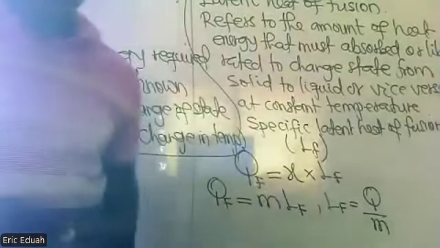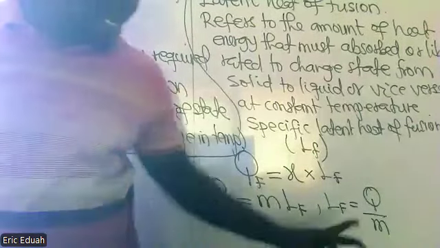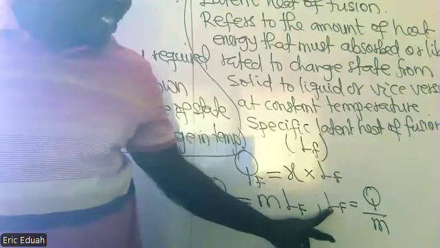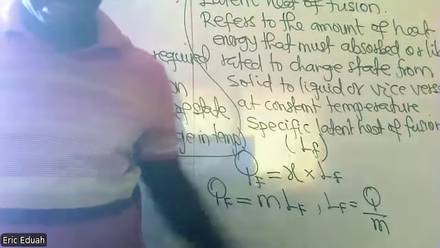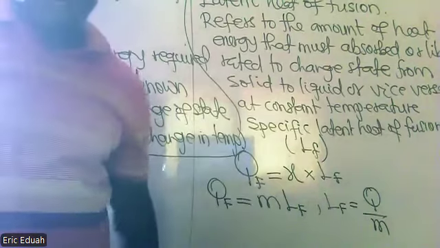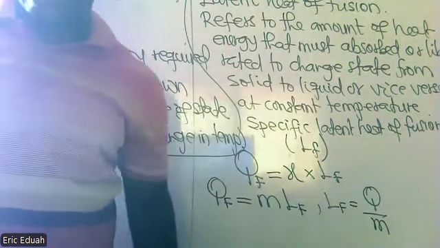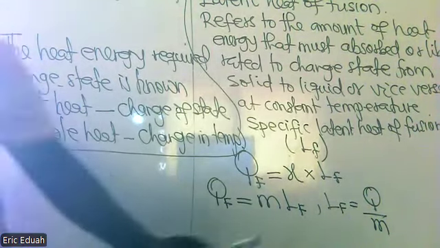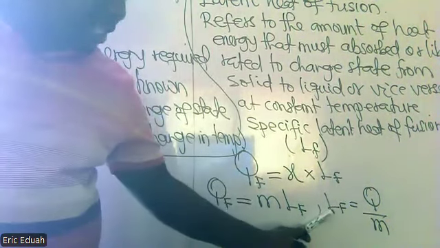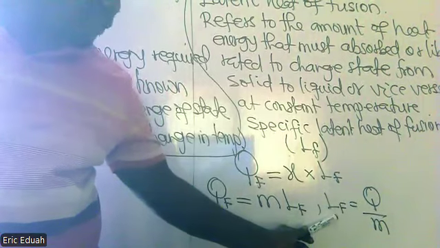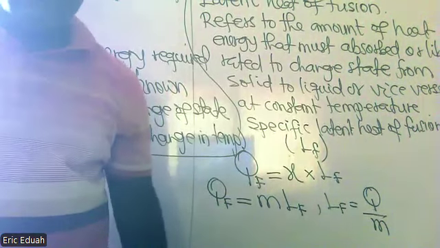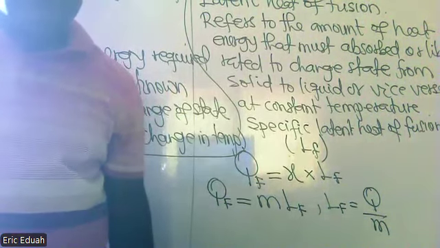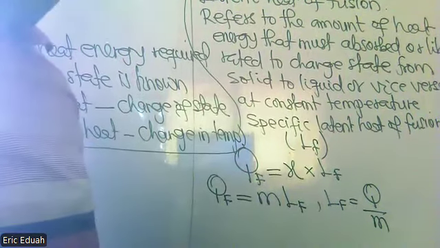I want somebody to help me determine the SI unit of specific latent heat of fusion. Lizzie, Asumani, help me determine the SI unit of specific latent heat of fusion, LF. Or they are not here.